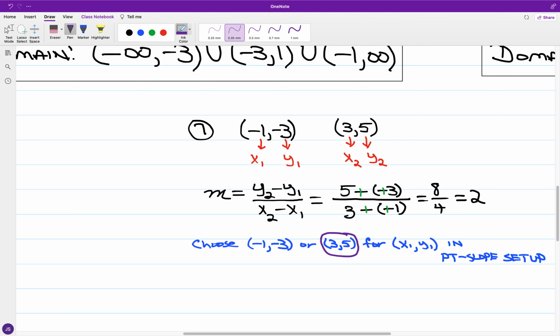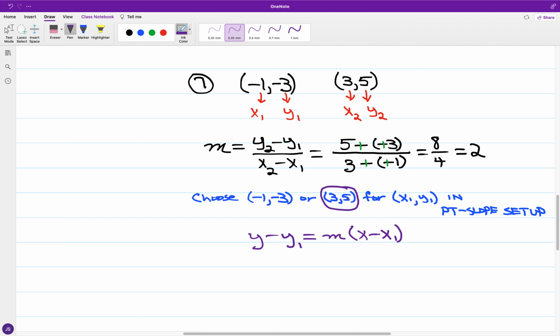Okay, and so in the rewrite, we have y minus y1 is equal to the slope m times the quantity of x minus x1. So your y1 is going to be 5.